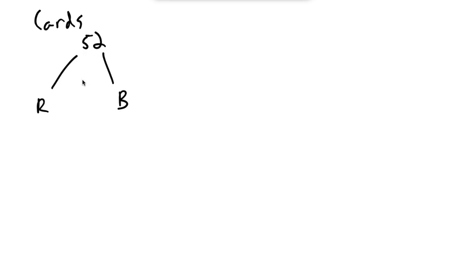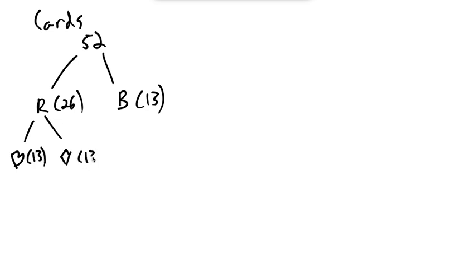If these are evenly split, which they are, that means there are 26 red cards and there are 26 black cards. Now within the red cards, we have 2 different suits: hearts and diamonds. Once again, both of these are split evenly, meaning that there's going to be 13 in each of these.